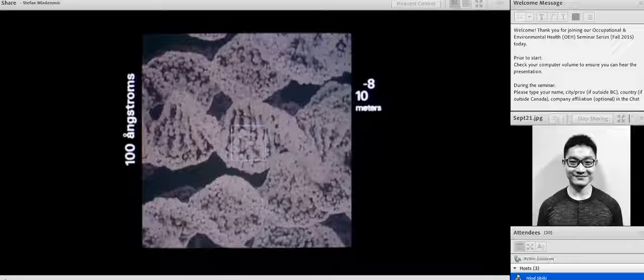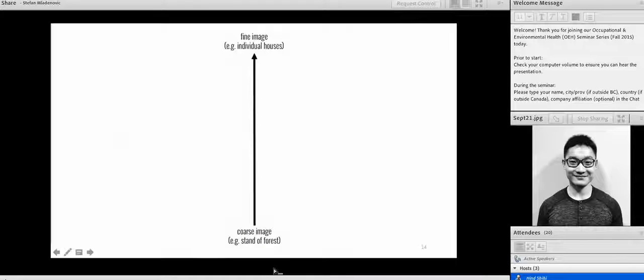Where's my pen? Right now, I would like you to have a paper and pen, so we can reinforce the concept. On the Y we have the space, and on the X we have time.